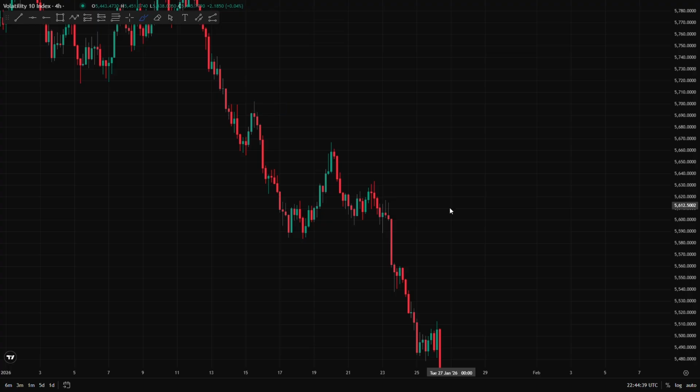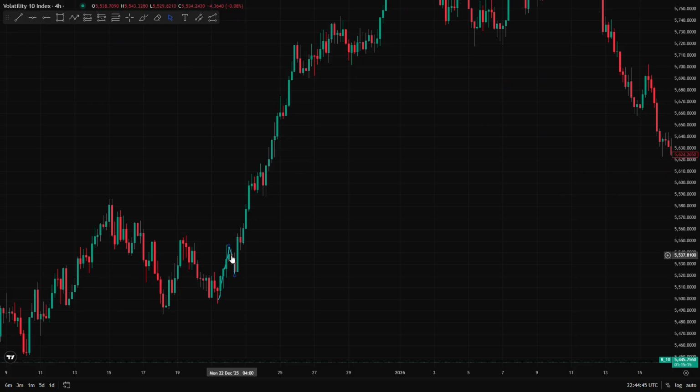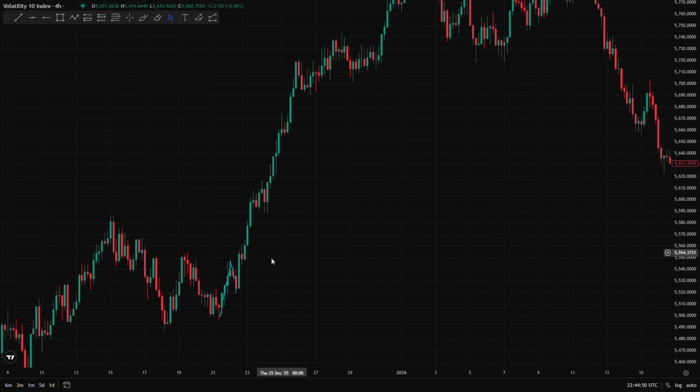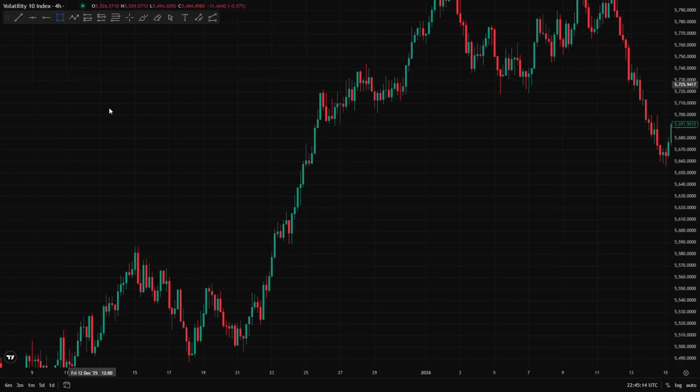So for the upward movement, sorry, I'm going to delete this. I don't know why it's not deleting. Okay, I've deleted it. So remember, the market was moving upward, then it got to this particular price. It was rejected by the sellers, so we'll mark it out as our resistance.